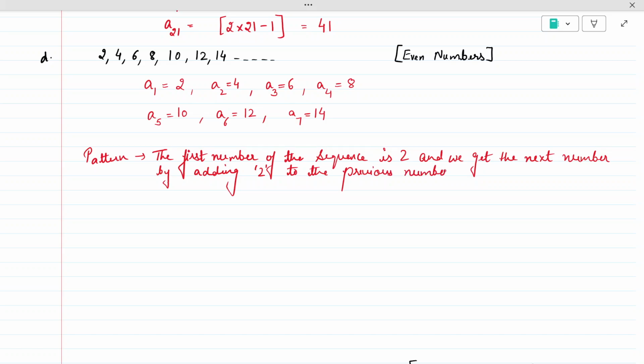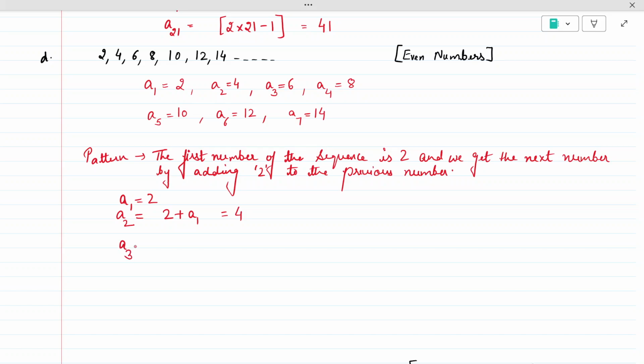So we have seen here that the first number was 2, and when we added 2 to this, we get the next number, which is 4. So I can write here that A1 is 2, that is the first number, and I am deriving A2 by adding 2 to A1. I am adding 2 to the previous number, which was A1. So A2 becomes 4.